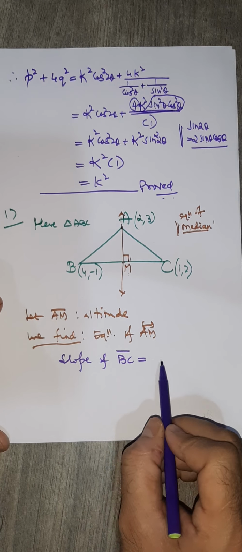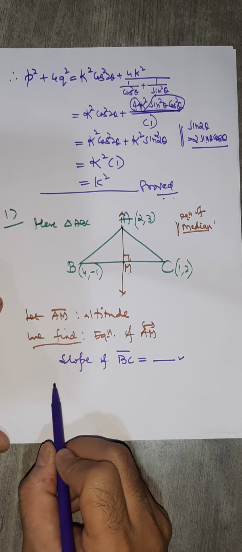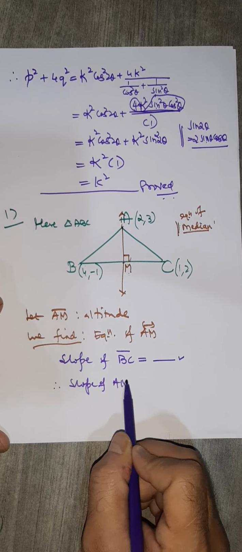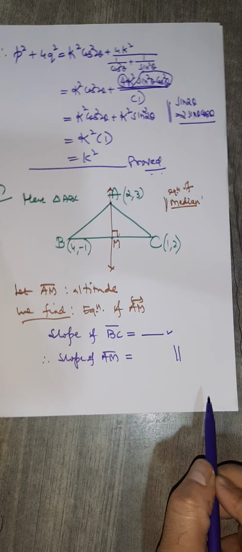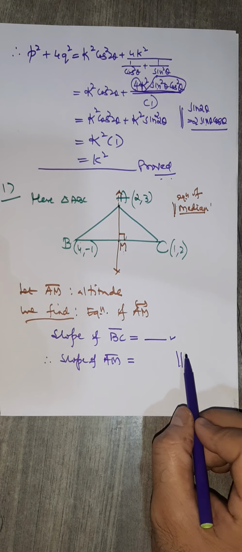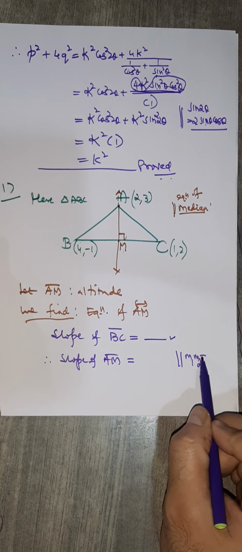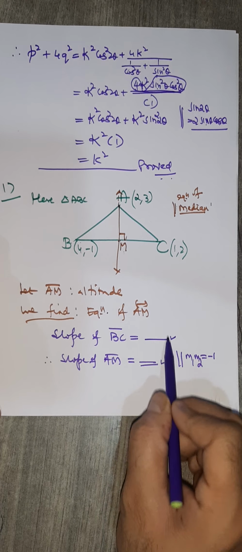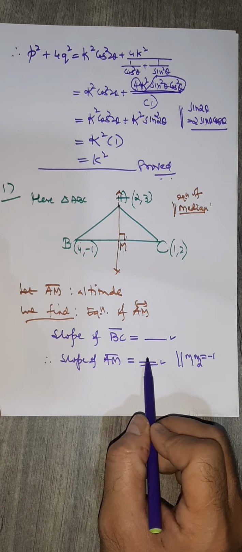That can be obtained very easily. I leave it for you. So therefore you can write the slope of what? AM. How do I get the slope of AM? By which concept? M1 into M2 equals to -1. You can see in the diagram they are perpendicular. So you have this concept. Suppose this is 1/3, then this is -3.